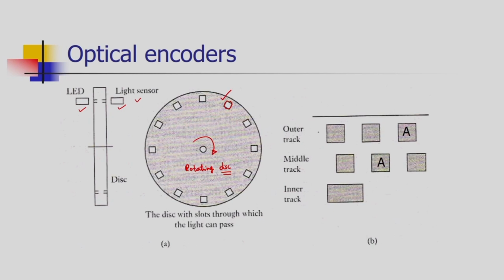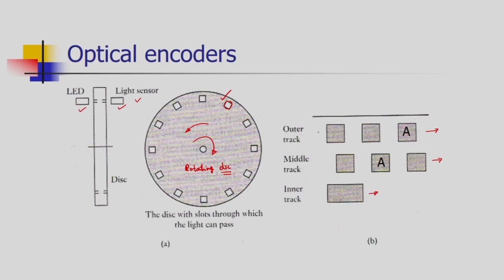Well, here the question comes: what will happen when we want to find out the direction of rotation, whether the disc or the element is rotating in clockwise direction or anti-clockwise direction? For that purpose, 3 tracks are used: outer track, middle track, and inner track.